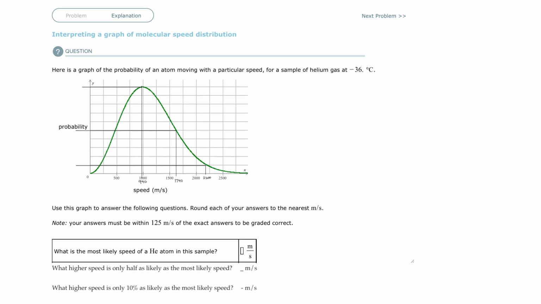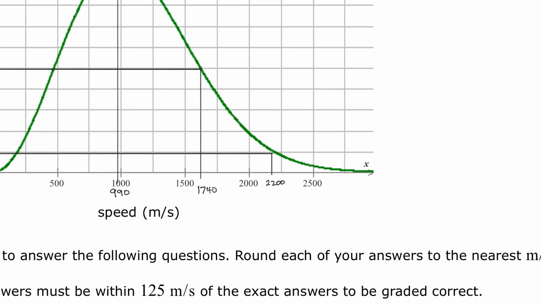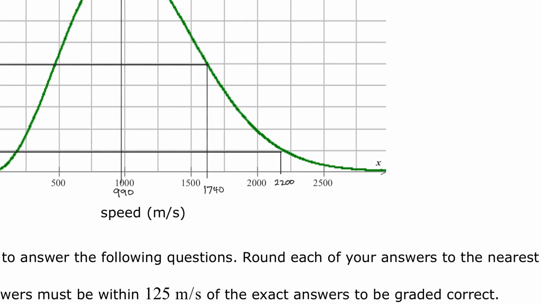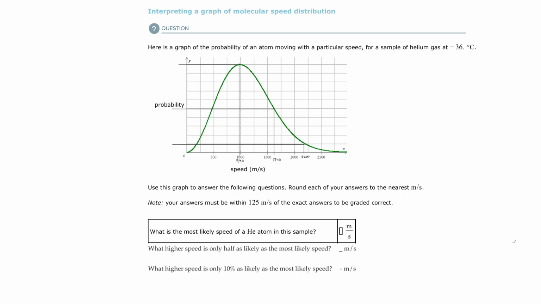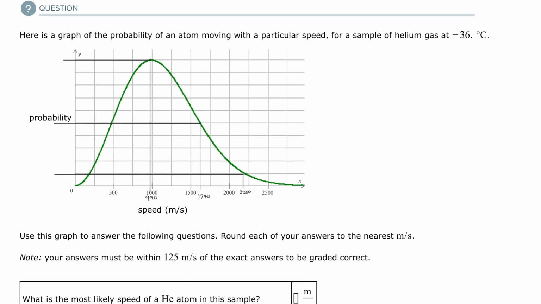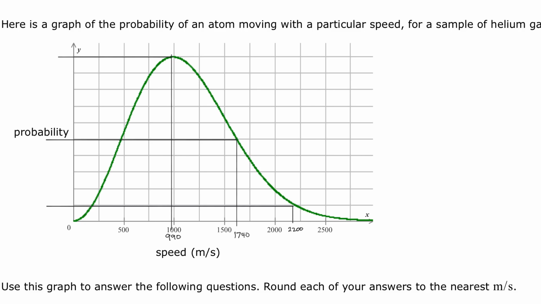Again, it's a guess. No idea. It just looks close to me. This block just looked a tiny bit smaller than this block.